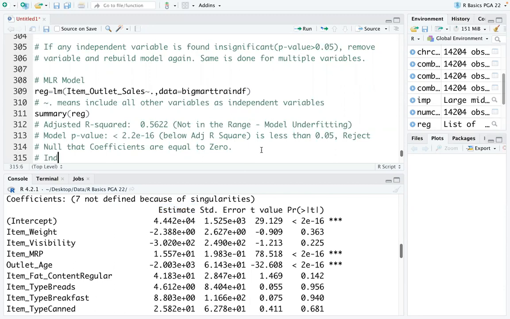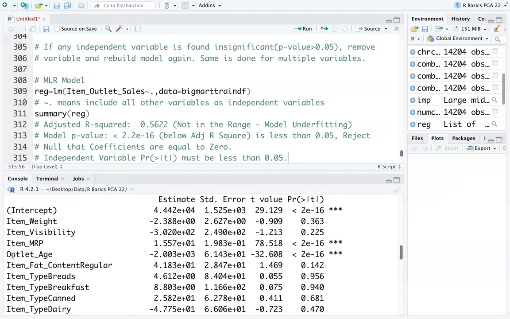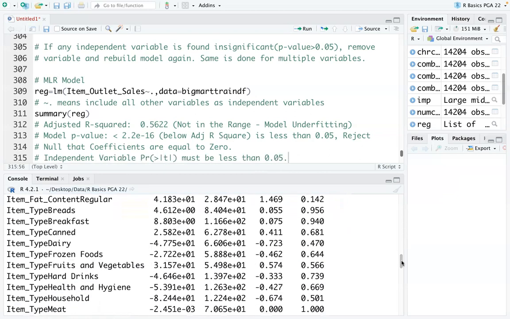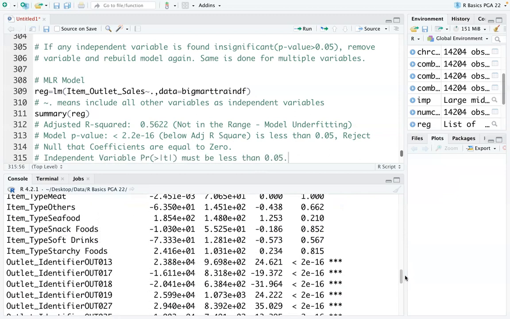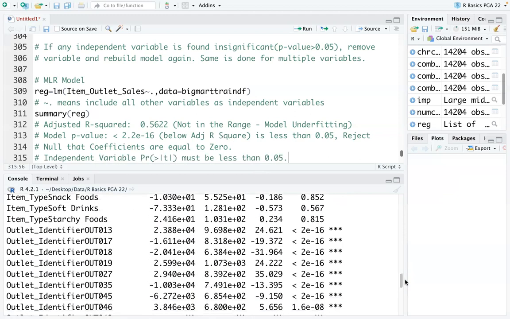Then for the independent variables, the p-value must be less than 0.05. If you look at this, only item MRP is significant, outlet age is significant, fat content is not significant, type is not significant, but the outlet identifiers are significant.